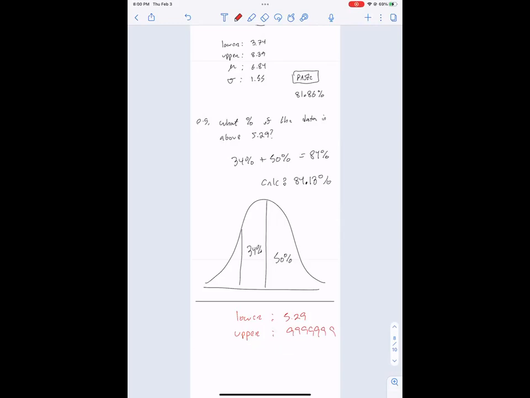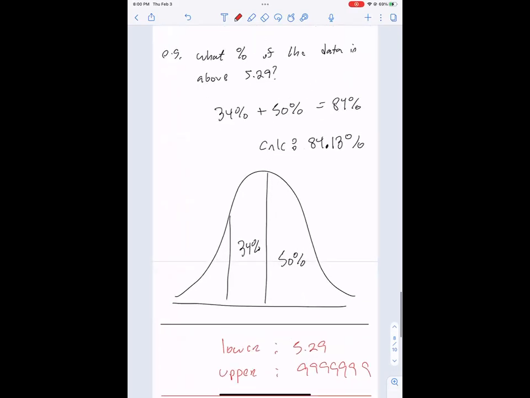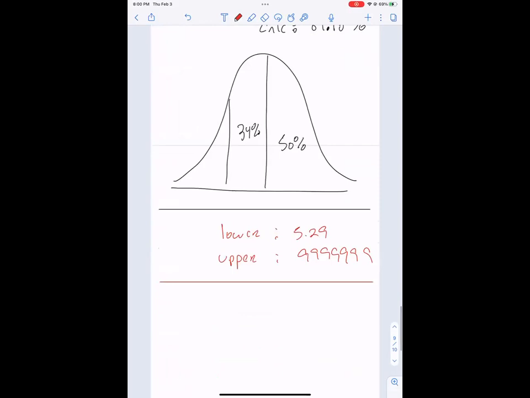Of course, you can do lower, you can do upper, you can do between two numbers, right? So all these situations. Now, this 68, 95, 99.7 rule only works if you magically land on numbers that are 1, 2, or 3 deviations below or above the mean.